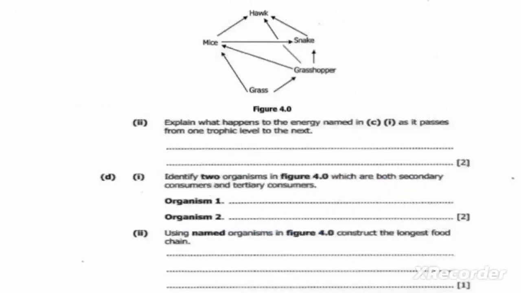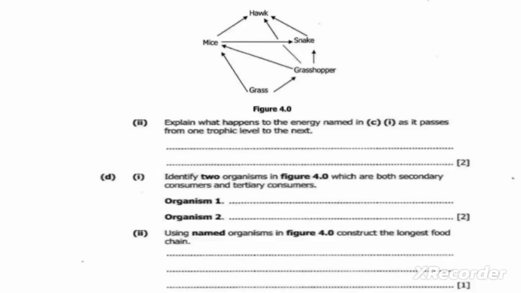We shift to the next question, which is question C, Roman numeral 2. Explain what happens to the energy named in C1 as it passes from one trophic level to the next. As energy is passing from one trophic level to another, only 10% of that energy is transferred to the next trophic level.